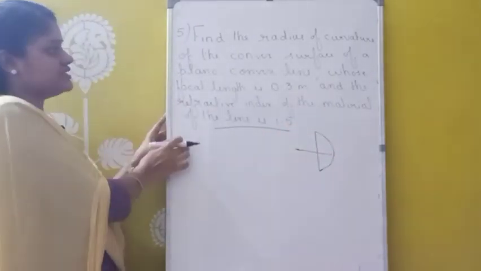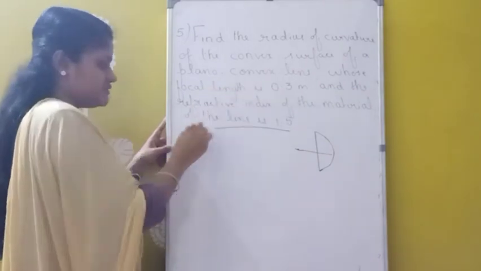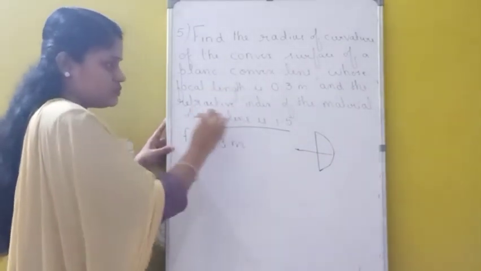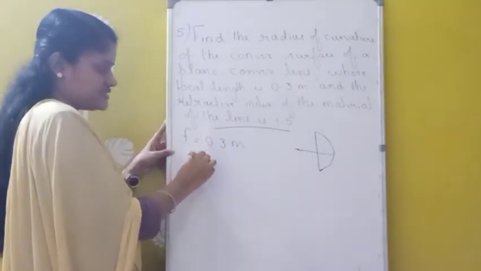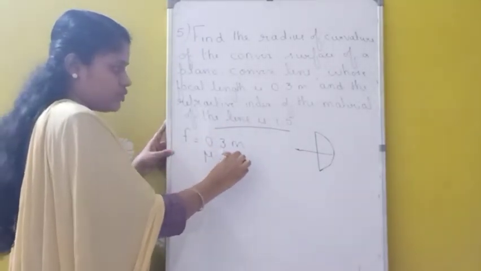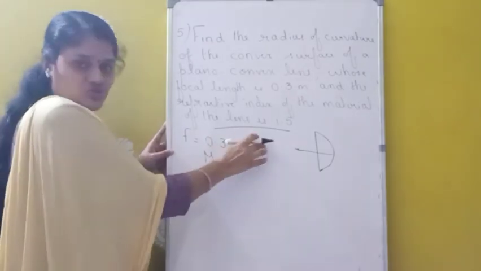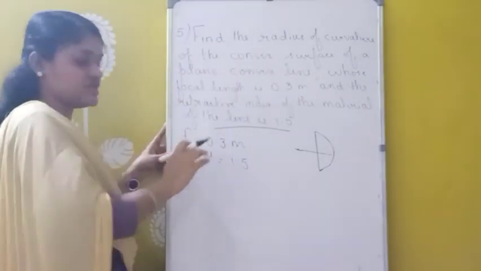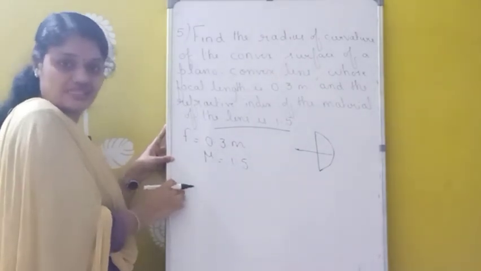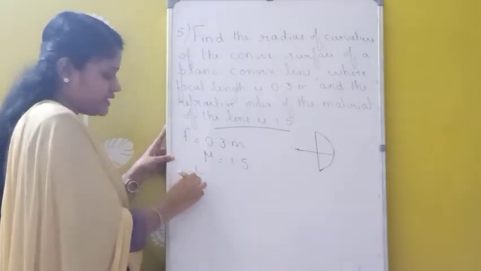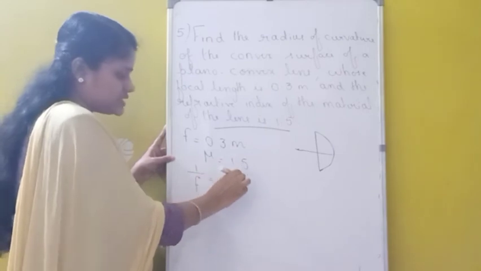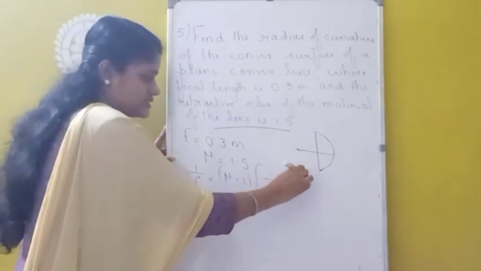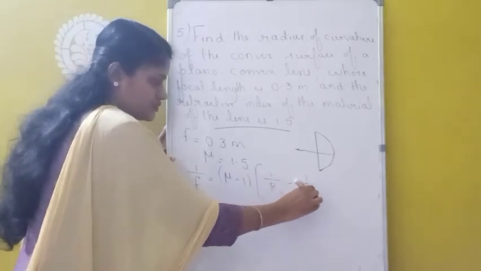Okay, so now what data is given? Focal length is given as 0.3 meter, and the refractive index is mu equals 1.5. We have to find this radius of curvature. For that we have the formula. Which formula are we using? Lensmaker's formula: 1/f equals (mu minus 1) into (1/r1 minus 1/r2).